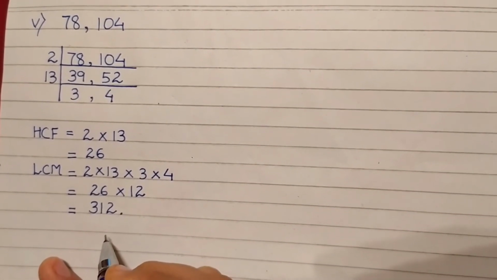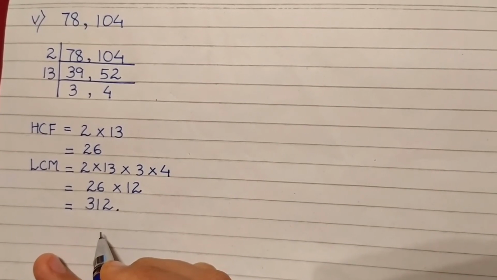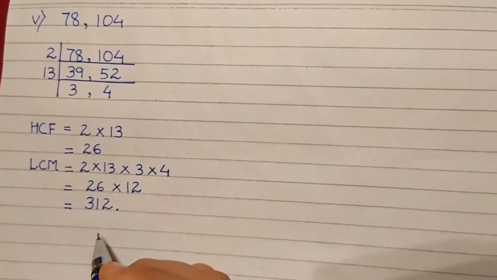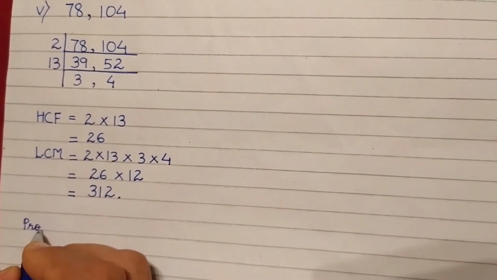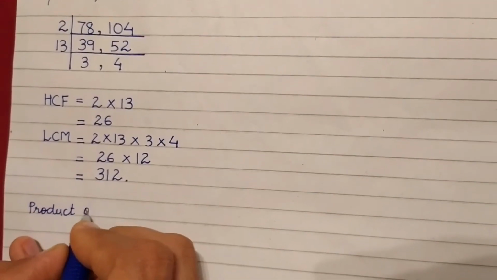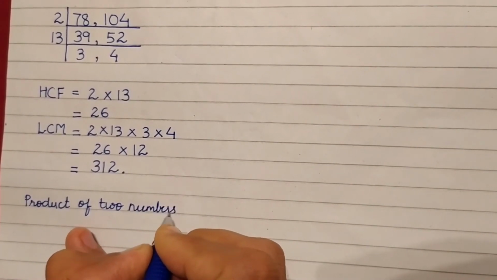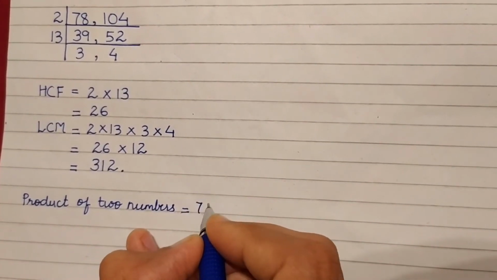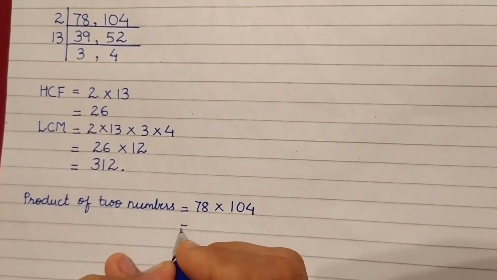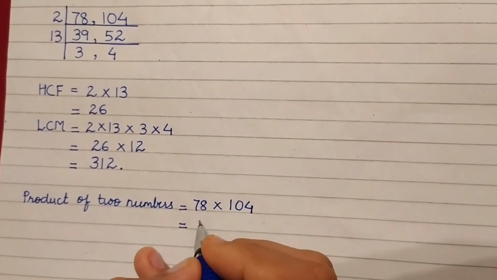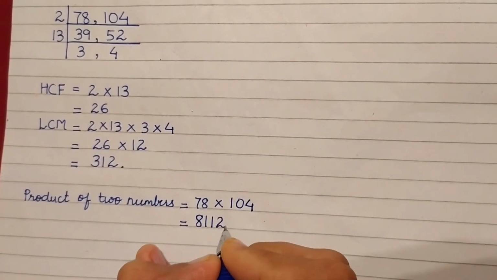Now we have to also verify the property, that is product of two numbers is equals to HCF into LCM. Now children, let's find out product of two numbers. Product of two given numbers is equals to 78 into 104. Now 78 into 104 is 8112.